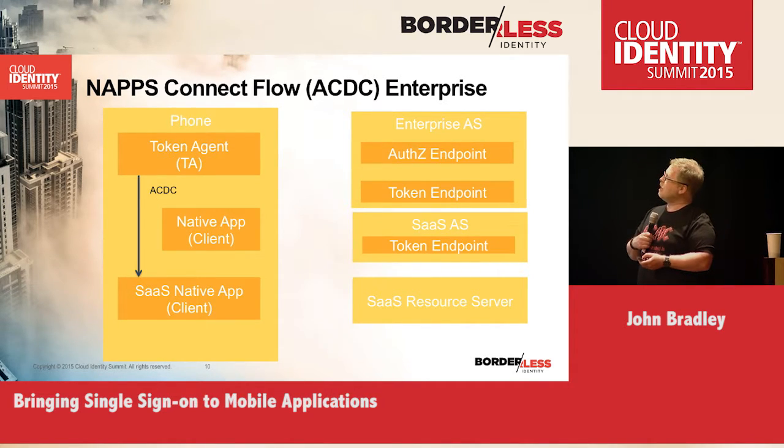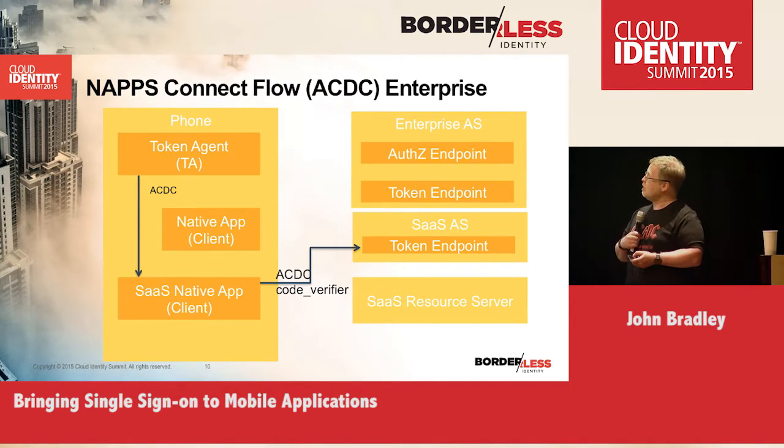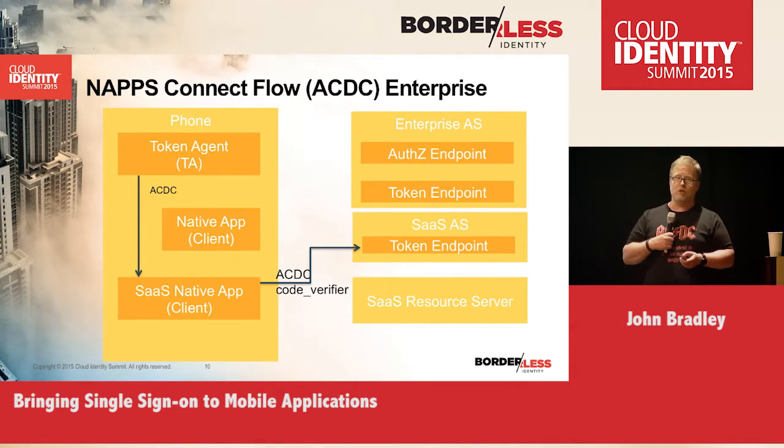It then gets back the ACDC token, which the SaaS app then sends to the SaaS's token endpoint and essentially does a token exchange, a proof of possession token exchange. So it sends its ACDC assertion. So the ACDC token is a JWT assertion.